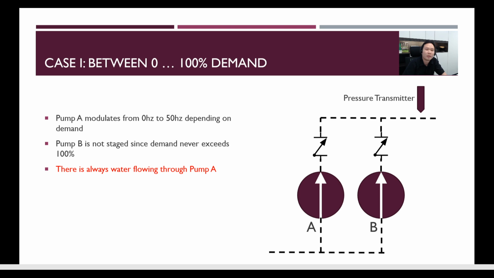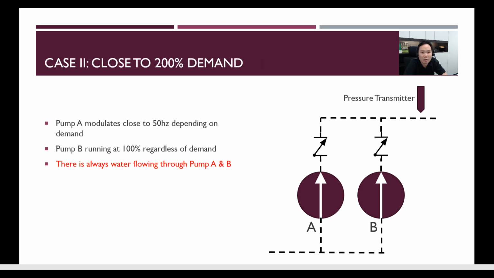Okay. Next, we go to case two, which is close to 200% demand. Pump A modulates close to 50 Hertz depending on demand. Pump B is always running at 100%. So we can safely assume that there is always water flowing through pumps A and B. This makes sense, right?